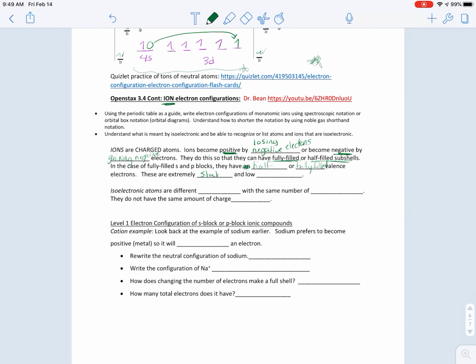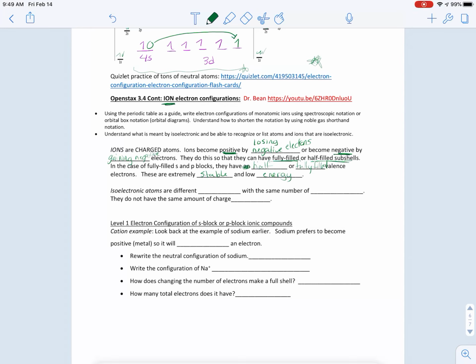They're extremely stable when they have those, and they are low energy. Not like they drop way down, but it's more stable to have everything all filled and paired up and happy than to have some random ones, like some being filled and some not filled.